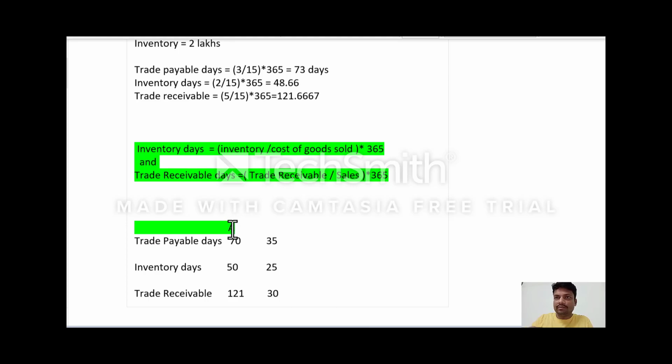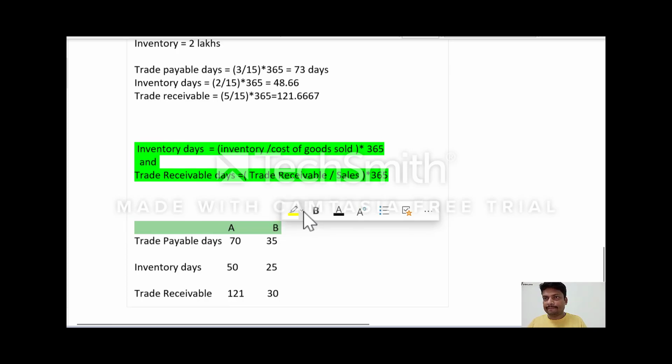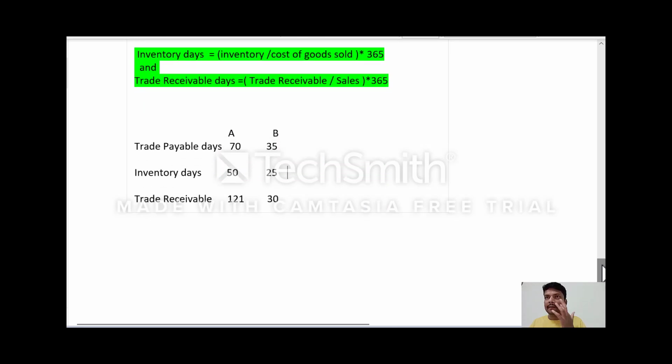This is company A and this is company B. So just tell me, which company is better, is managing its current asset and current liability in a very efficient manner? Out of the two companies A and B, which company is efficiently managing its current assets and current liabilities?